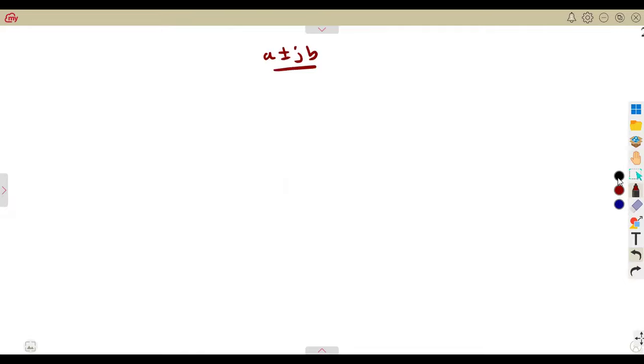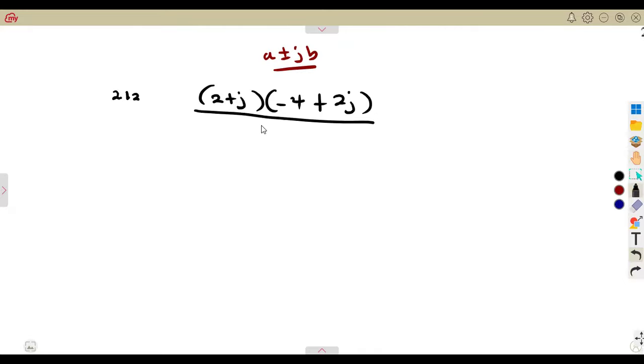You are given 2 plus J into the bracket minus 4 plus 2J, everything over 3 minus 2J.